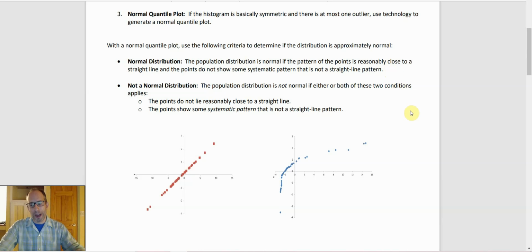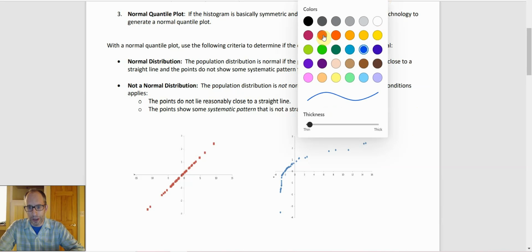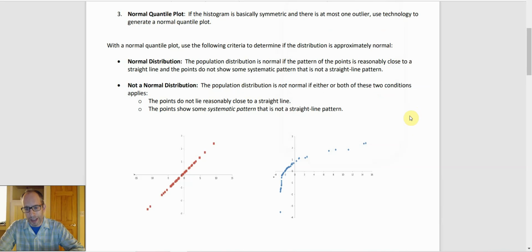But usually what happens is you don't have some specific other shape. You just have something that's not normal. And usually if the normal probability plot doesn't look the way you want it to, you get things that look like this, where this thing right here on the right has a sort of bend or an elbow, like right there. So that's usually what you get if it doesn't work out.